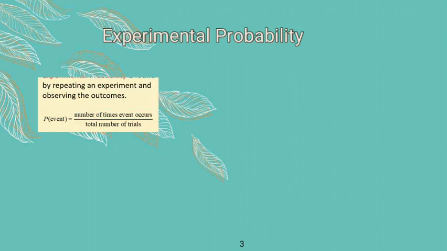Next is experimental probability. Experimental probability is found by repeating an experiment and observing the outcome. The probability of an event equals the number of times the event occurs over the total number of times.